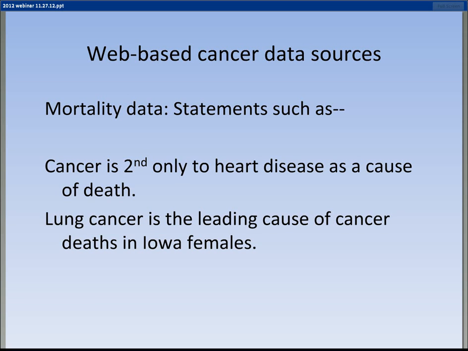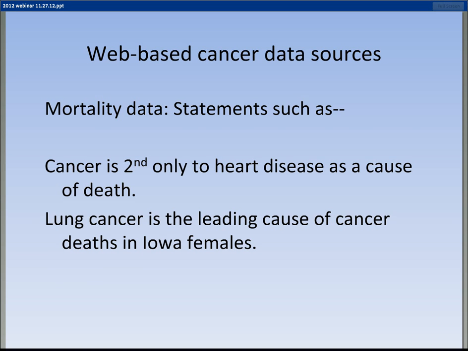The first group of data statements that I want to address are those that deal with mortality. I will often get people who want to be able to answer if cancer is the second leading cause of death, or if it's the first leading cause of death, or people that want to address the leading cause of cancer in, say, females or males.